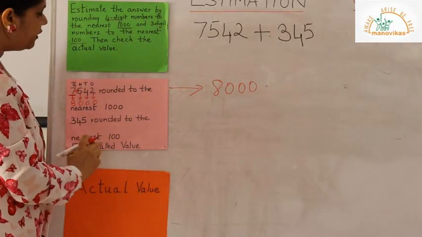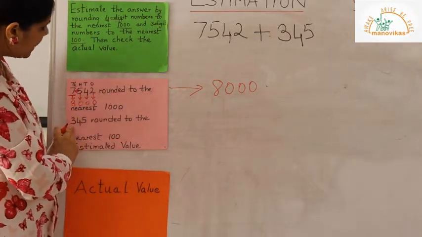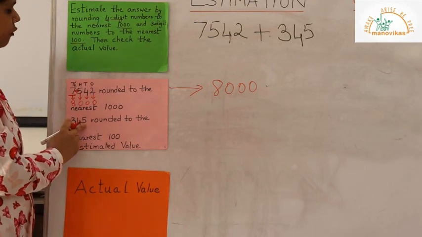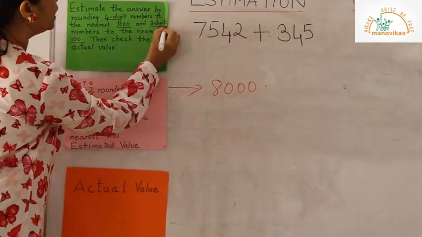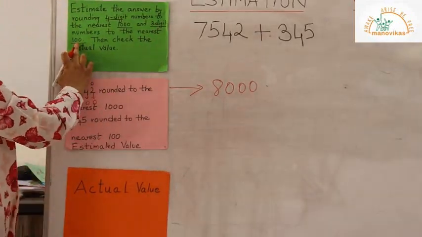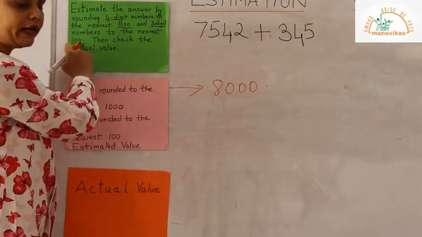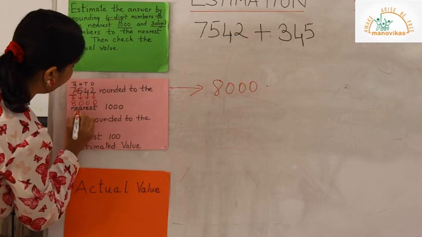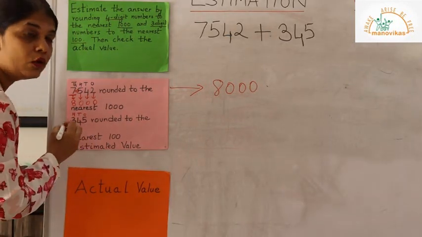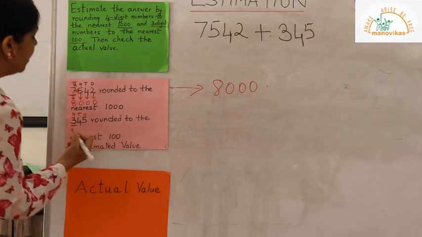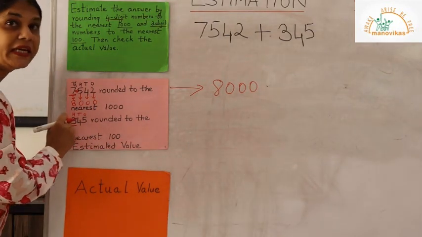Now we will round the next number. The next number is 345. Since it is a 3-digit number, what will we do? We round to the nearest 100. So let us do it again. Ones, tens, hundreds. Which place are you going to underline now? Hundreds place, that is 3.